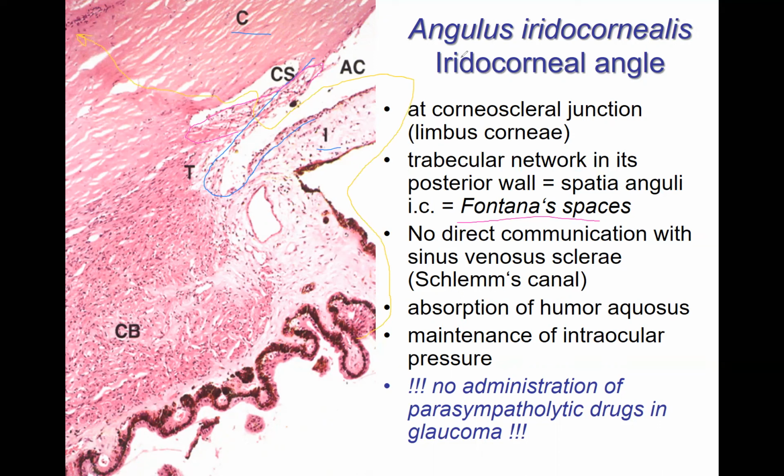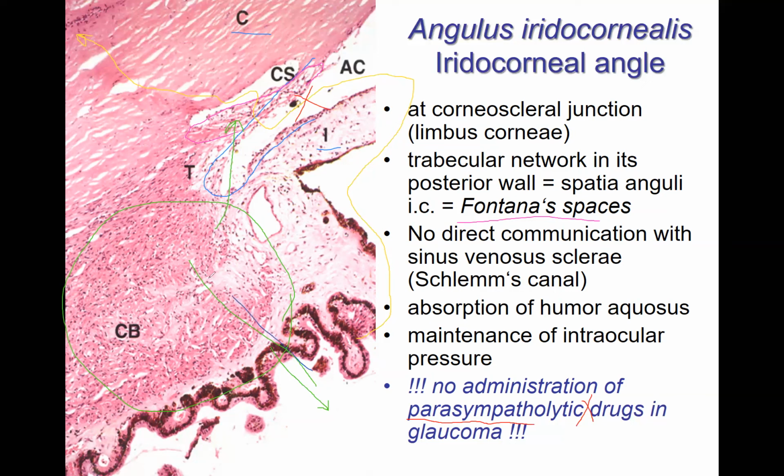And if we move the ciliary body during the contraction of ciliary muscle, so during accommodation here, then it's fine. But when it gets back, it compresses the angle, it compresses this area, and it can block the drainage of the humor aquosus here. And we know that the function of the ciliary body is done by the parasympathetic system. So if you use parasympatholytic drugs, what will they do?